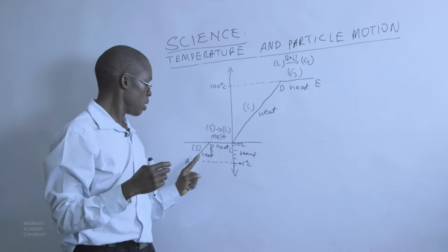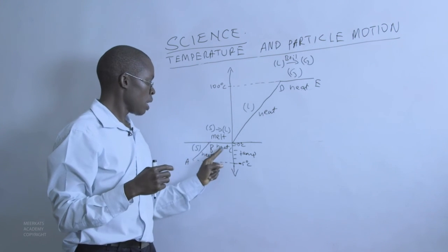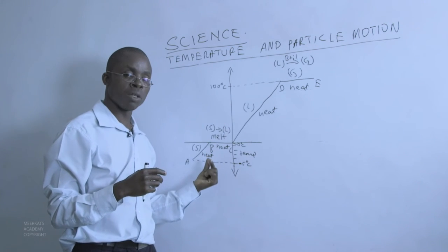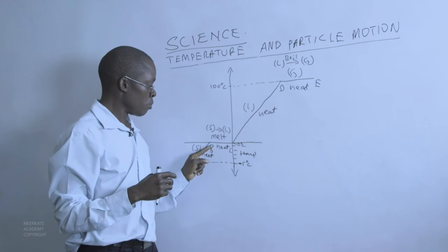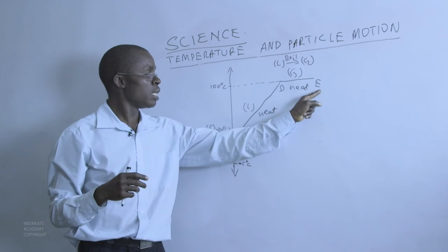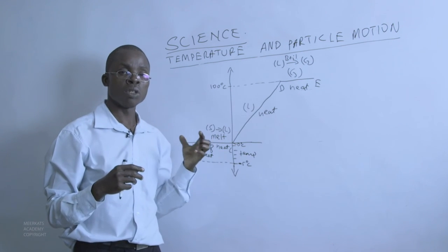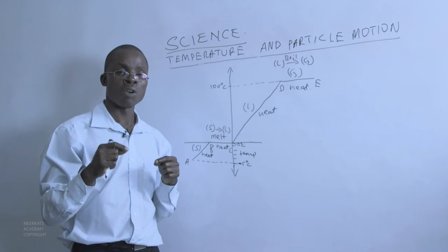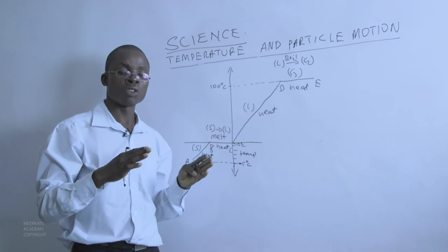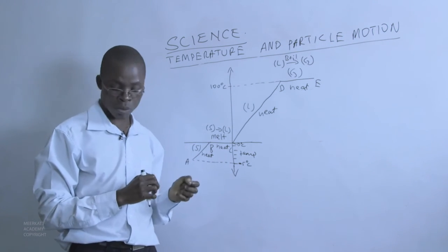At BC and DE, the heat energy is being used to break the forces holding the molecules together so that they can change from one state to another.